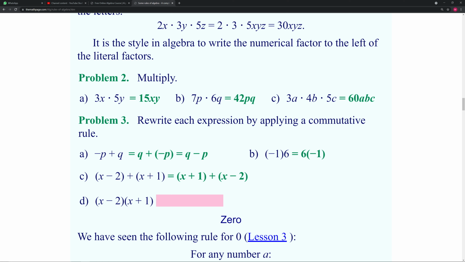This is x plus negative 2. It's an implied plus. Here we have a clear x, add 1, 2 terms, and 2 factors. And what we're going to do is we're going to move this whole group to this side of this group.